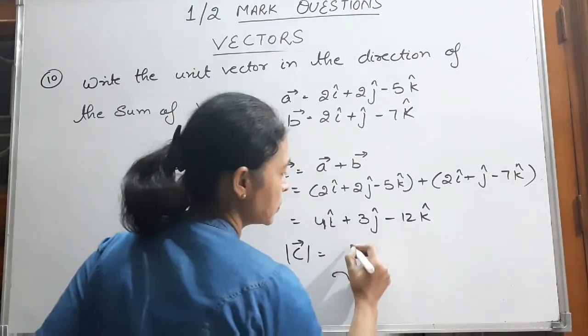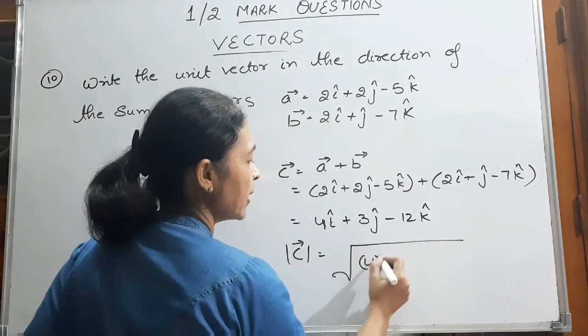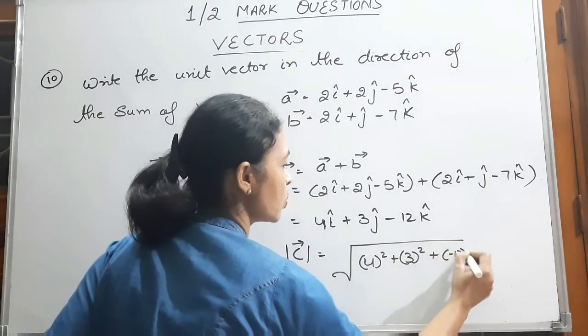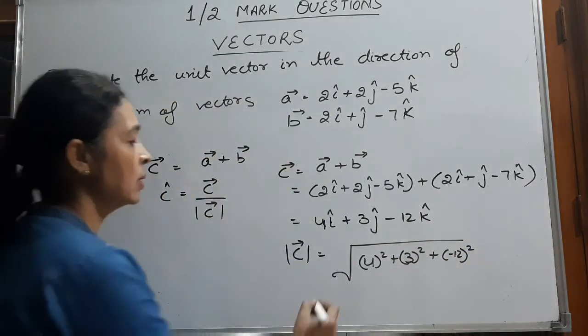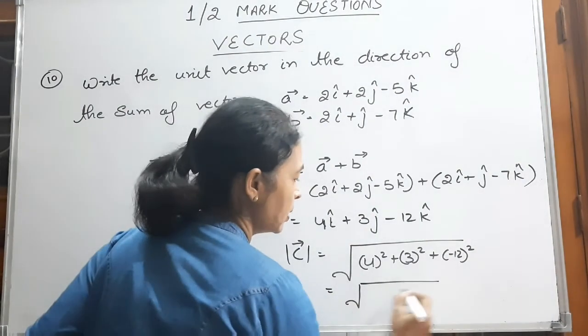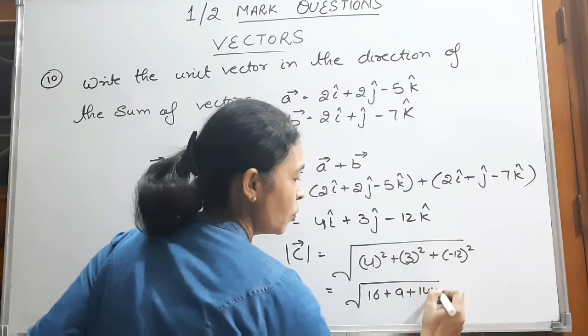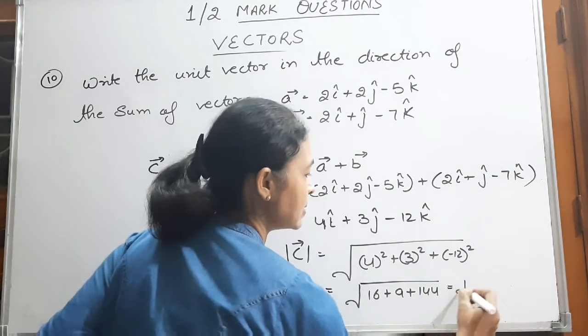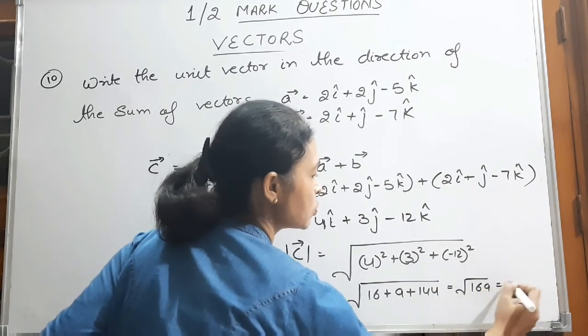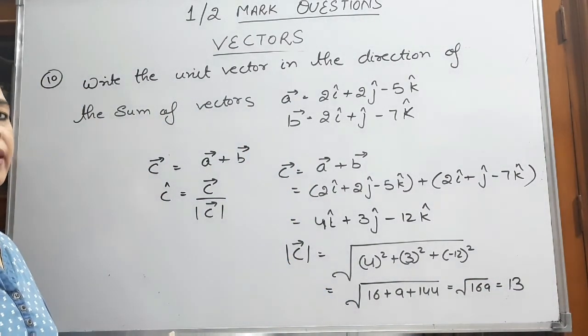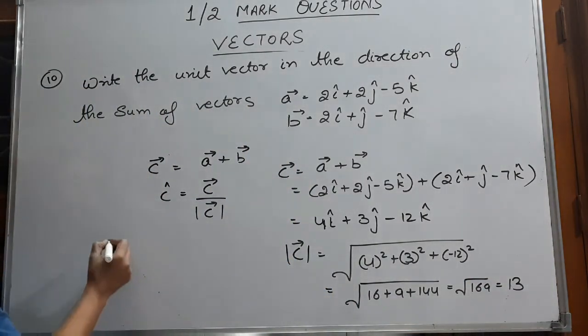Magnitude of C is the root of 4 whole square plus 3 whole square plus minus 12 whole square, that is 4 square 16 plus 9 plus 144. We have root 169, which is equal to 13. We will take only the positive value because magnitude is always positive.